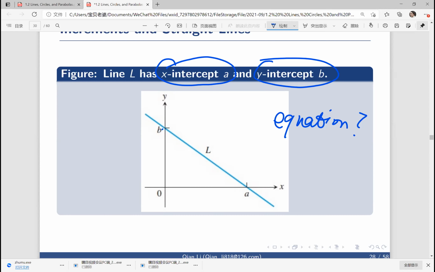Okay, let's see. If we know the x-intercept of this line is a and the y-intercept is b, it means this line passes through these points.